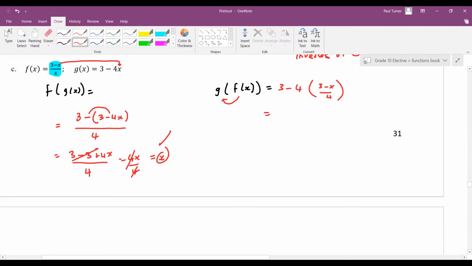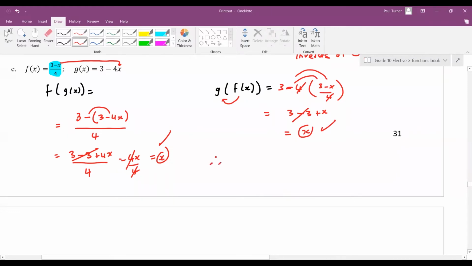So what about this one? So that 4 will cancel with this 4, but you still have a minus sign here. So 3 minus 3 plus x by expanding the negative sign here. I just cancelled the 4 here. So 3 minus 3 is 0, and you'll be left with x again. Okay, so that's good. So these two graphs are inverses of each other.